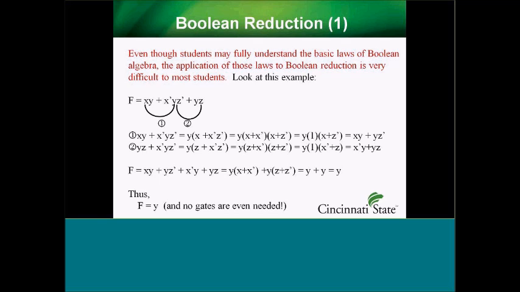So here's an example. Students aren't aware that if you start combining terms, you can use one term to be combined with two different terms. This guy in the middle can be used twice. Why can that guy be used twice? Because you could duplicate it. There's an A or A equals A rule in Boolean algebra, and you can duplicate it as many times as you want.